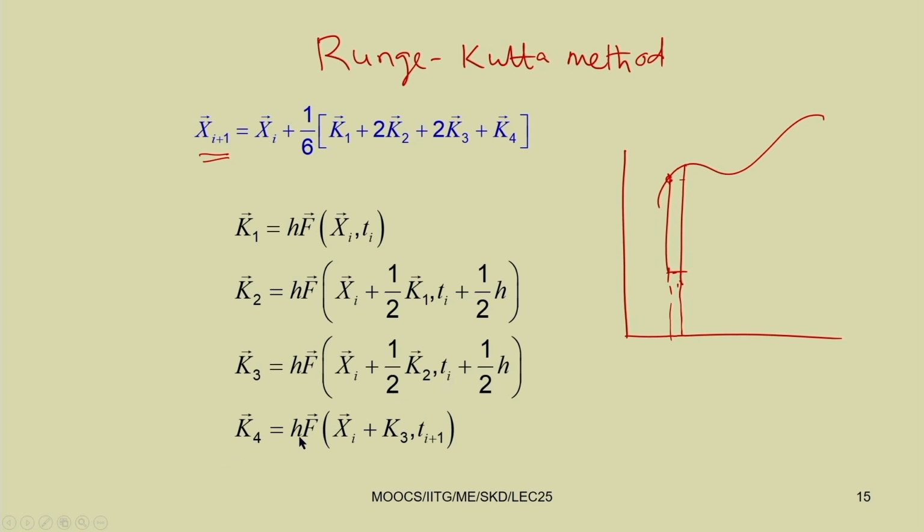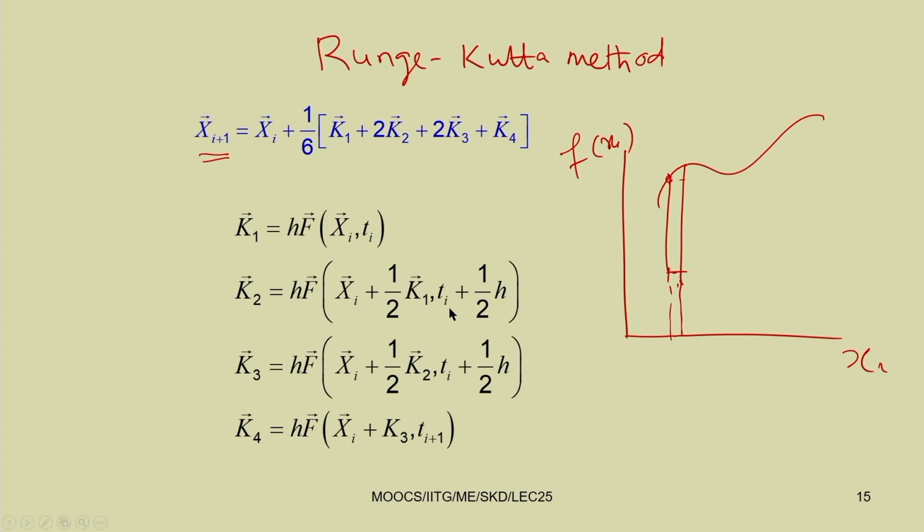Similarly, k 4 can be written as h f of x I plus k 3, so the x component will be x I plus k 3 and the time is t I plus 1. Using this method we can find the next point. Given this initial condition, what is known is x I and f of x I. If x I and f of x I are known to us, then we can find the next point x I plus 1.